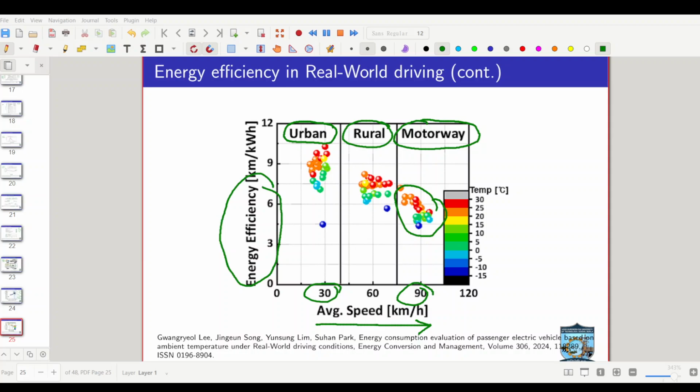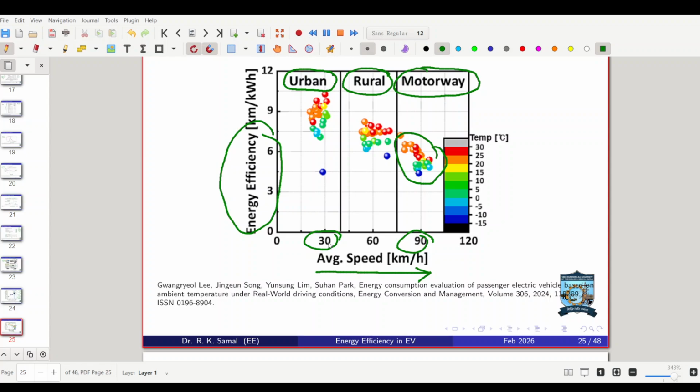Okay, so this completes our discussion on various real world driving scenarios and test scenarios. We have seen two things: one small vehicle first, then one test environment, where the researchers found out the impact of auxiliaries on real electric vehicle efficiency.